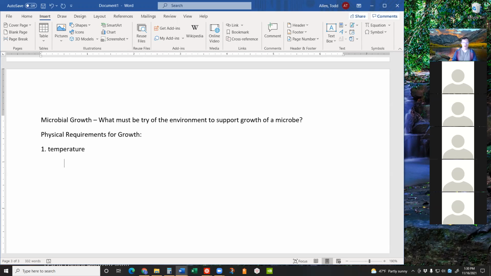So take a look at figure 6.1. Okay, I'm not going to list all of these out for us, but as an example, we have different classification vocabulary for temperature, which is to say temperatures that different types of microbes thrive in.